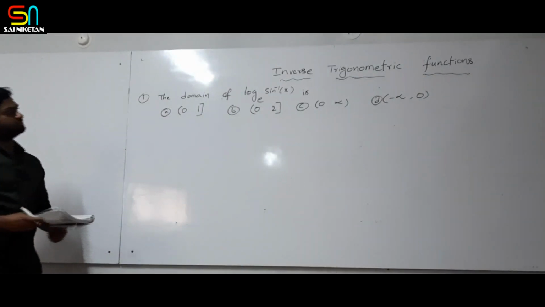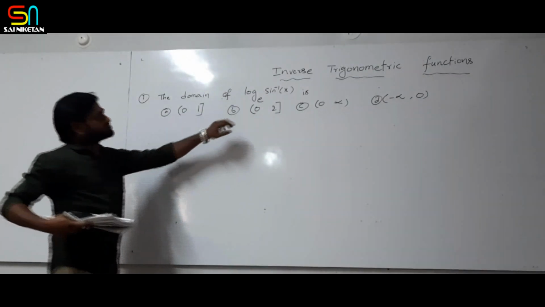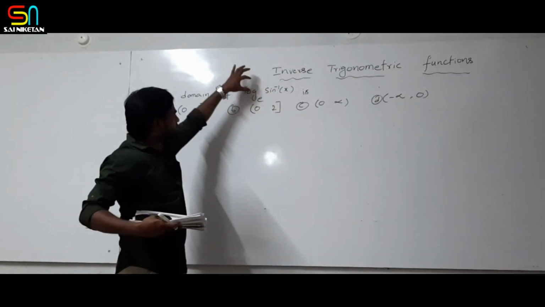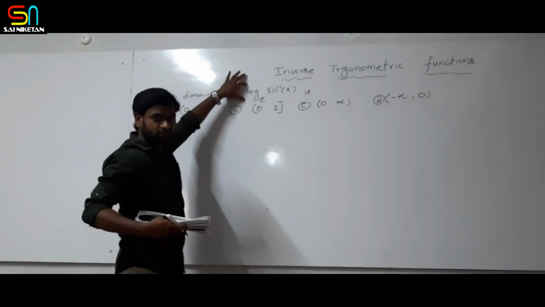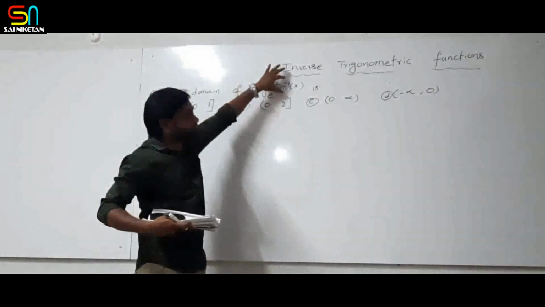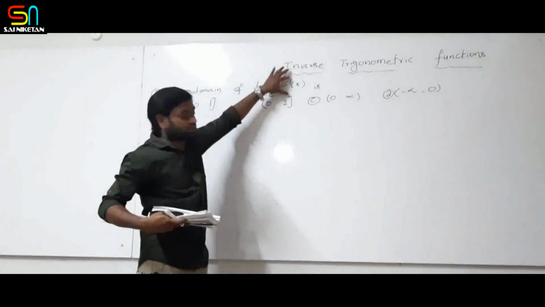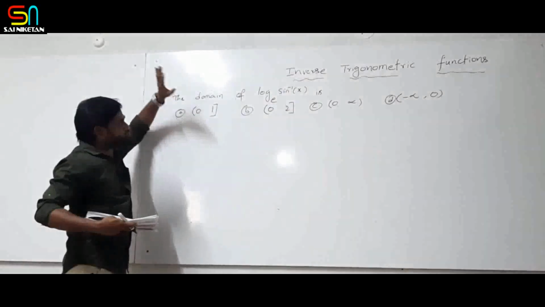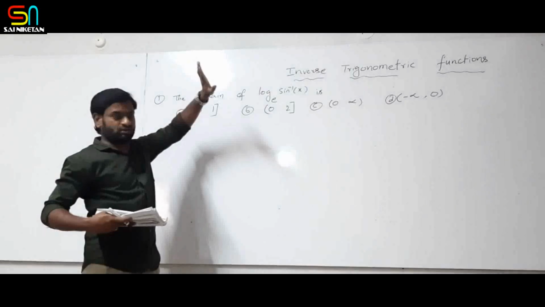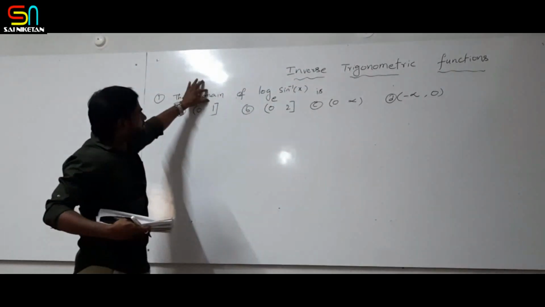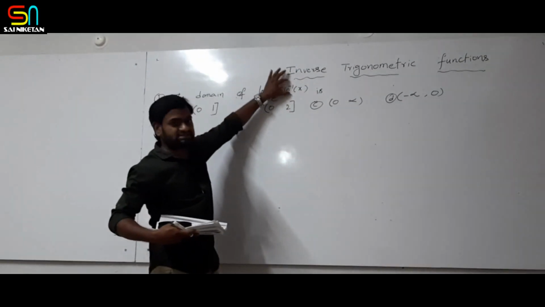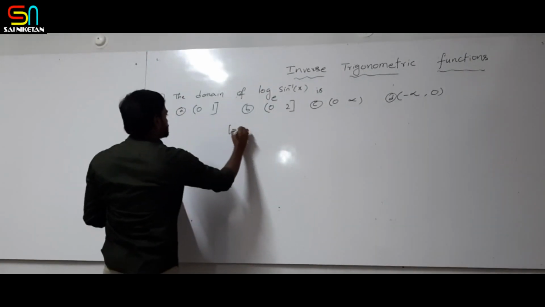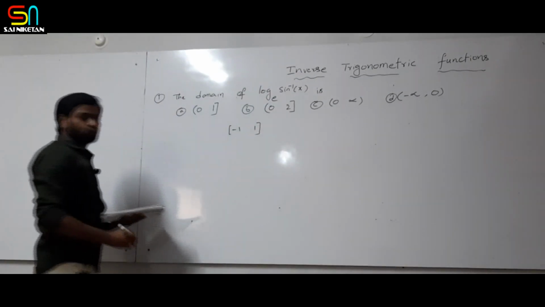Now here, first I have to check which function we have. It is a logarithmic function, and inside the logarithmic function we have an inverse trigonometric function. Here we have to find the domain. All of you know the basic thing: the domain of sin inverse x is minus 1 to 1, which is a closed interval.